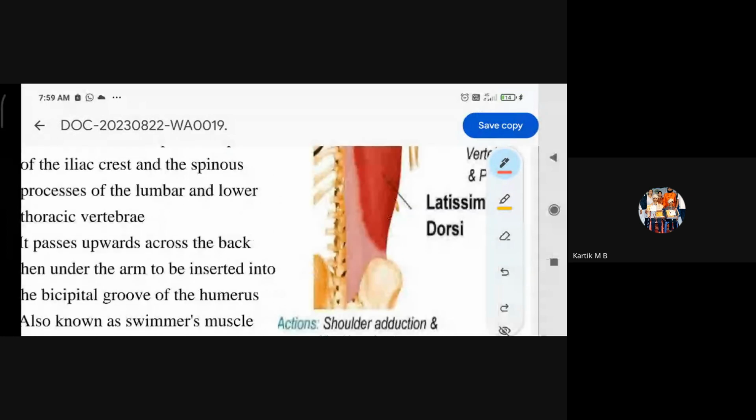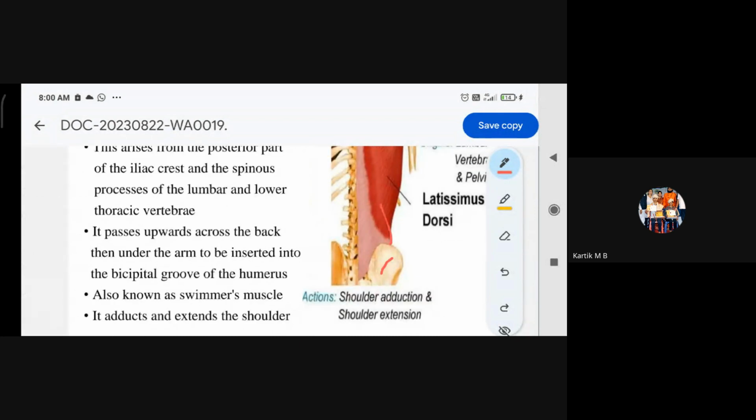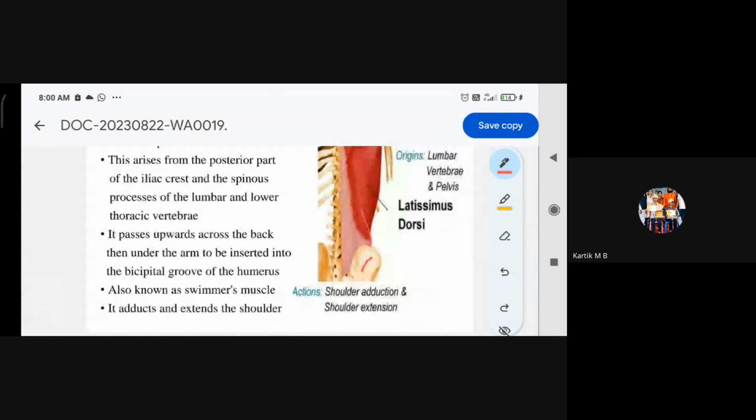Here, this bone you can see is the iliac bone. This latissimus dorsi muscle is originating from this iliac bone, and you can see in this picture that it is rising from the posterior part of the iliac crest.